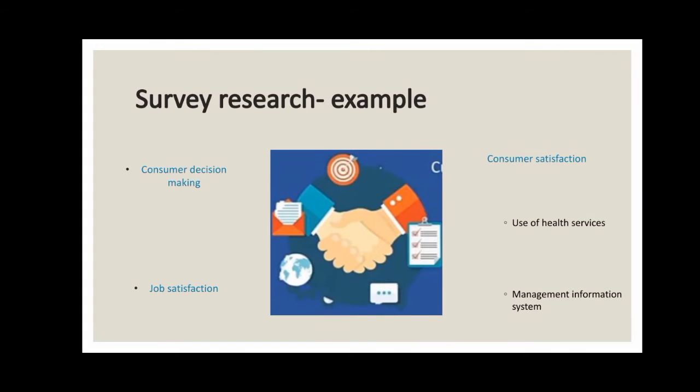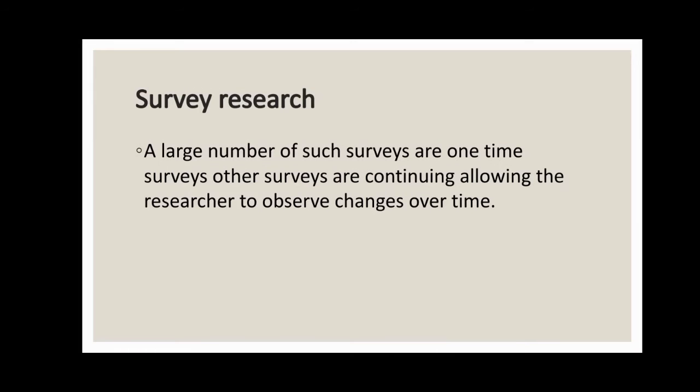Survey research example. For instance, in a business context, surveys are often taken on the subjects of consumer decision making, consumer satisfaction, job satisfaction, use of health services, and management information systems. A large number of such surveys are one-time surveys.